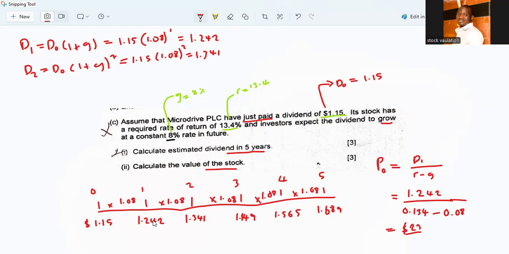If it was 20%, 1.2. It flows with that mathematical order. There's no harm in doing the long way; you still get the same answer. Is that clear?